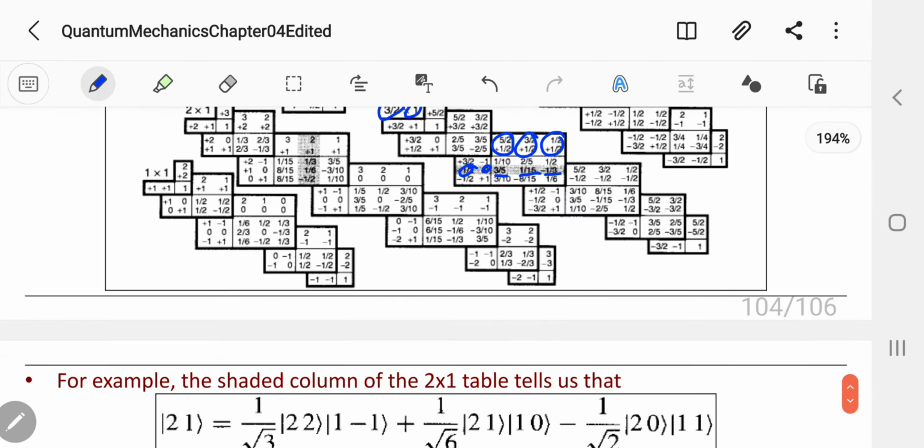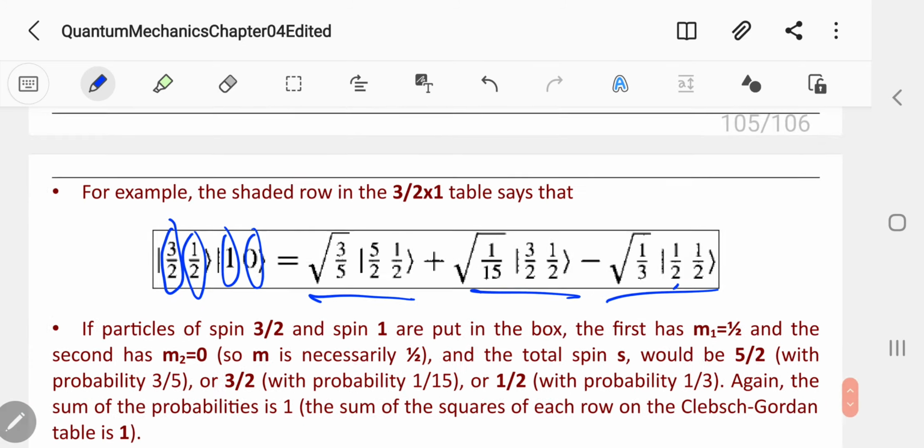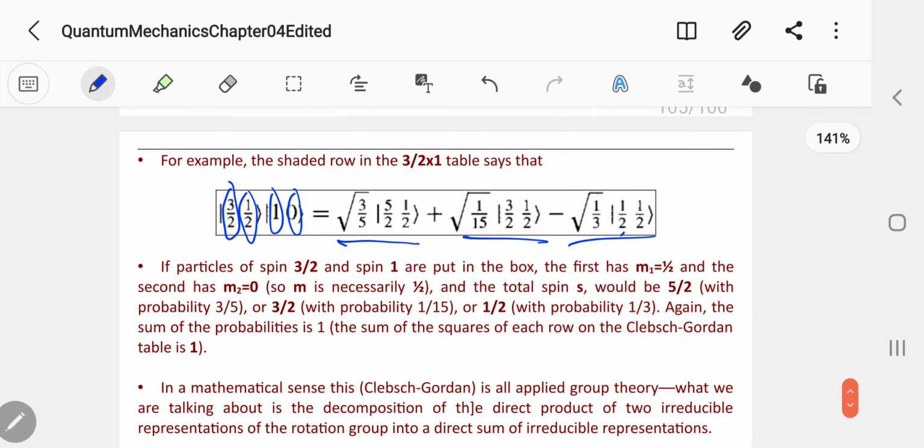So again, the probabilities will add up to 1.